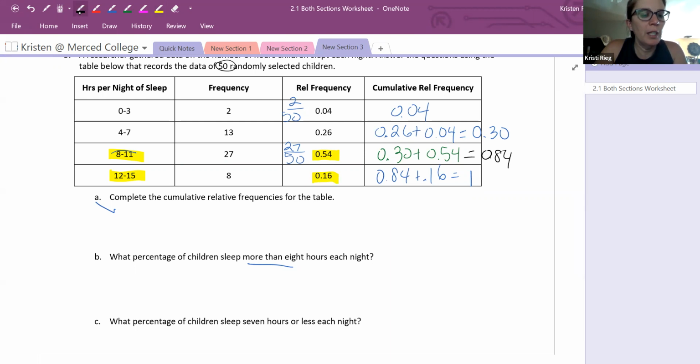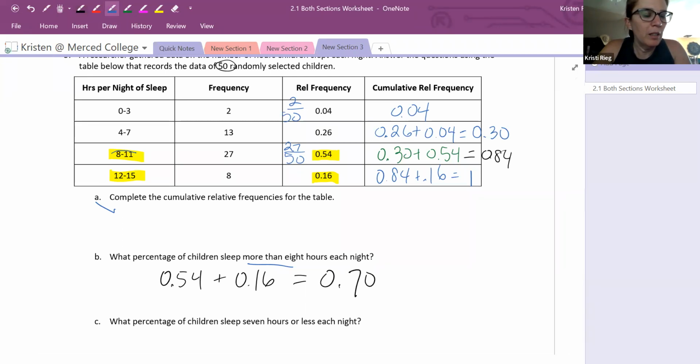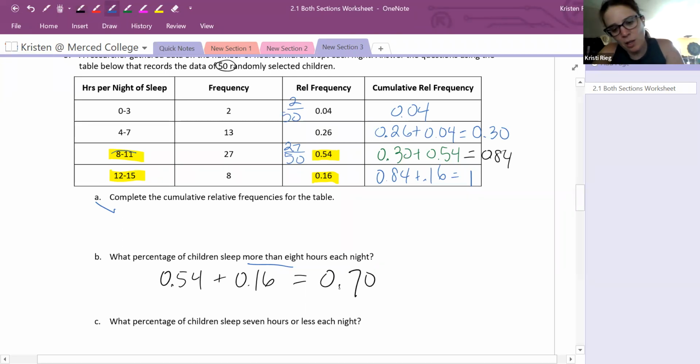So the relative frequency, or the percentage of children that slept those two chunks of times, or anything more than 8 through 15, is going to be the 0.54 and the 0.16, which equals 0.70. And as a reminder, if it's been a while since you've done percent, we just go over 2 places and we see that it equals 70%.